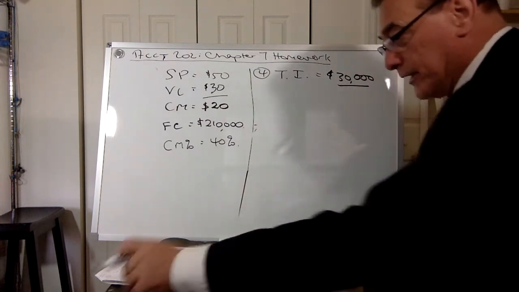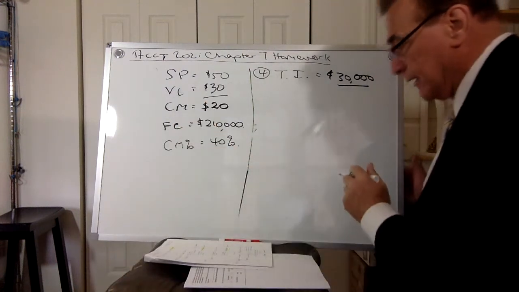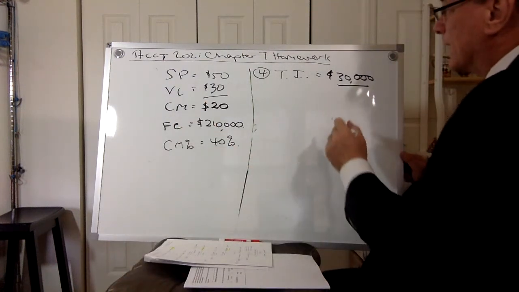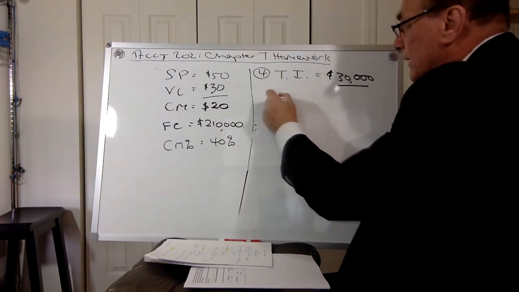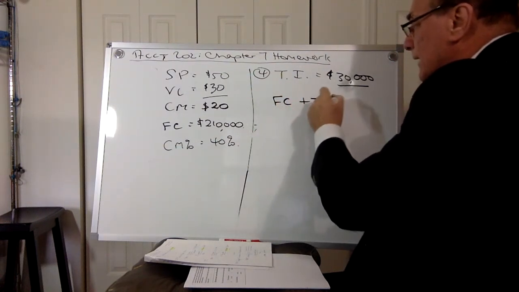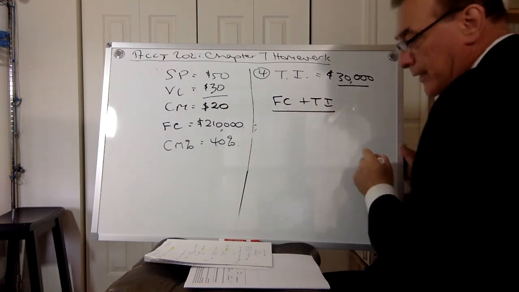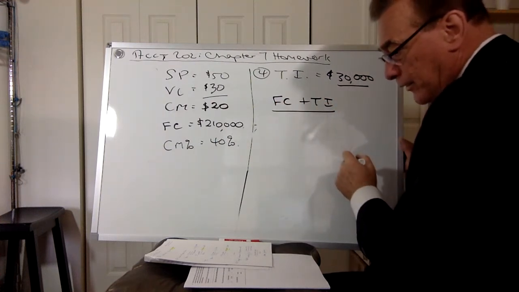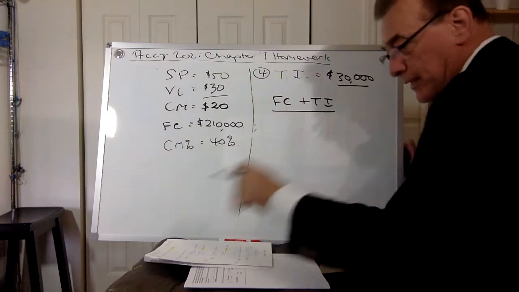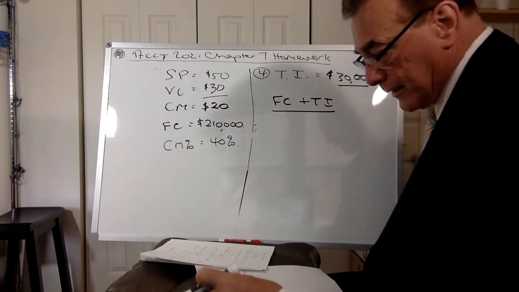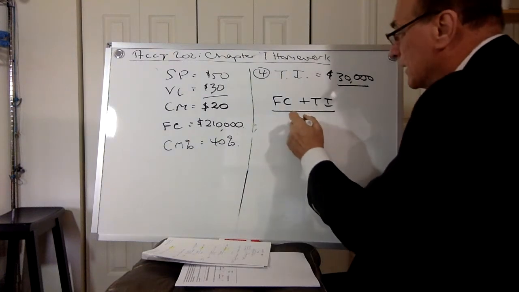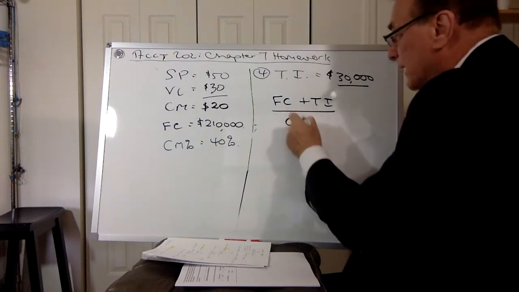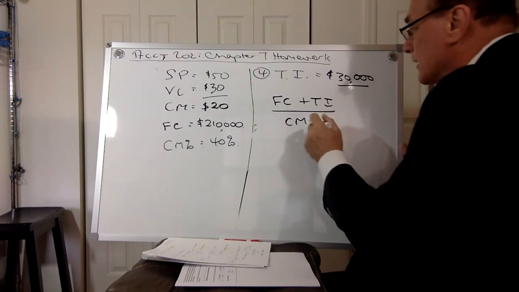The way we do that, you make your target income the same as a fixed cost. The formula is fixed cost plus target income divided by the contribution margin per ticket, because the question asks how many tickets the company must sell.